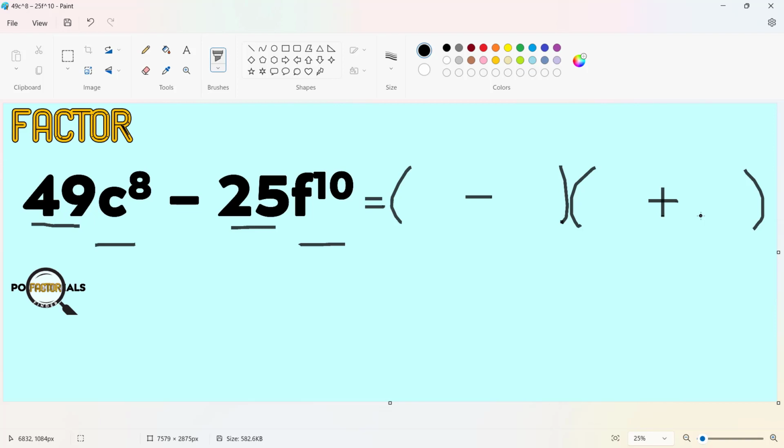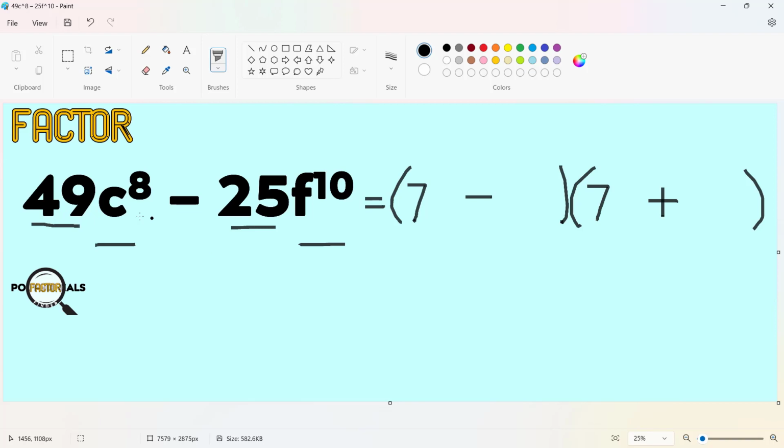Then we can move further. When we factor a difference of 2 squares, we simply look at the first term, take its square root, and place the result as the first term of both binomials. The square root of 49 is 7. So place 7 here, and 7 here as well.